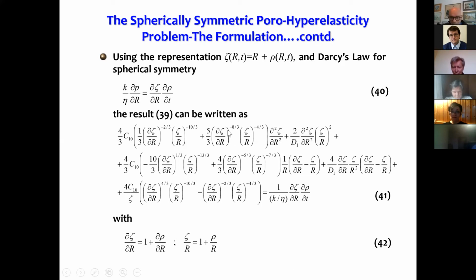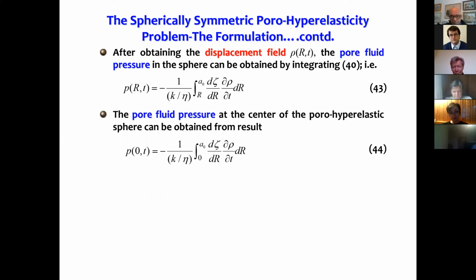You can get the single differential equation for the displacement there. So this is the displacement, but whether you can do anything with it beyond that is extremely difficult. And the pore fluid pressures can also be obtained in exactly the same way.